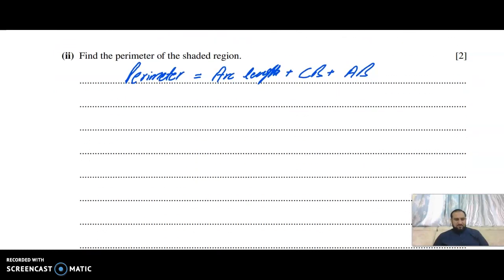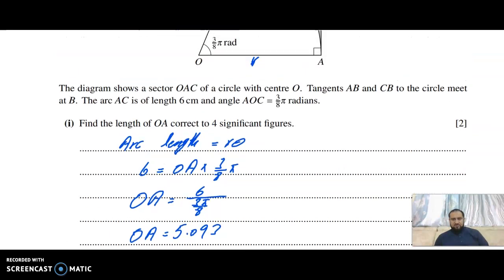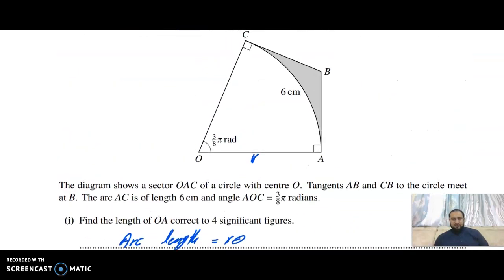Okay, so in order to do that, we can go back to the shape here because we need to calculate AB. Right now we just found r and we can see this angle is 90 degrees.